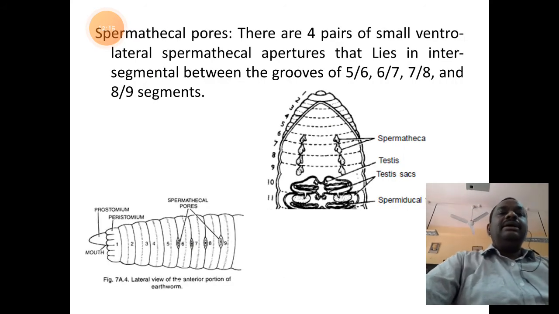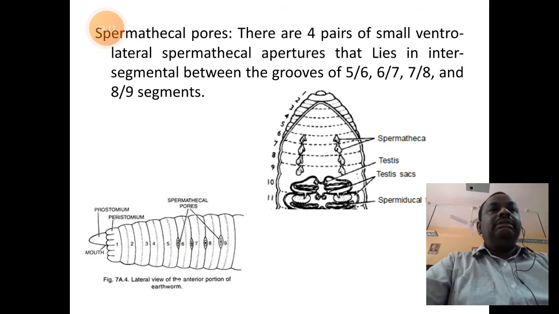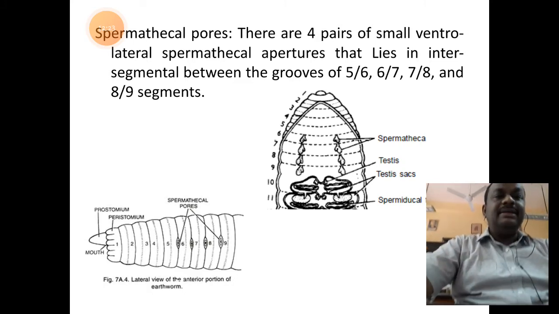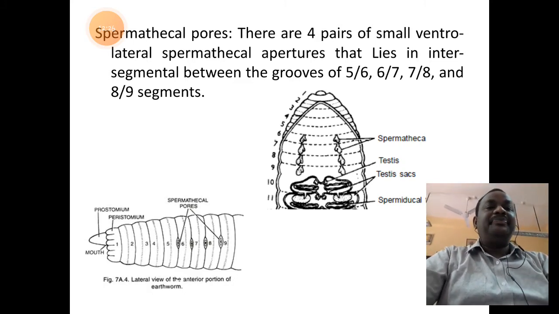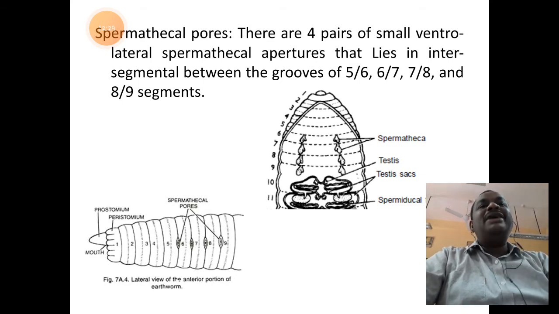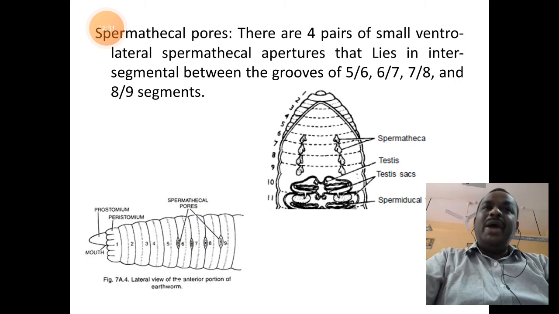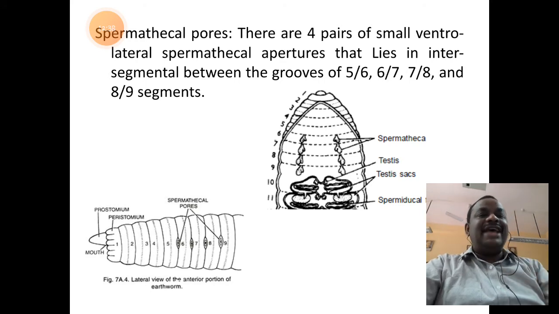Now, the next important feature is spermathecal pores. There are 4 pairs of small ventrolateral openings which are seen at the intersegmental grooves.